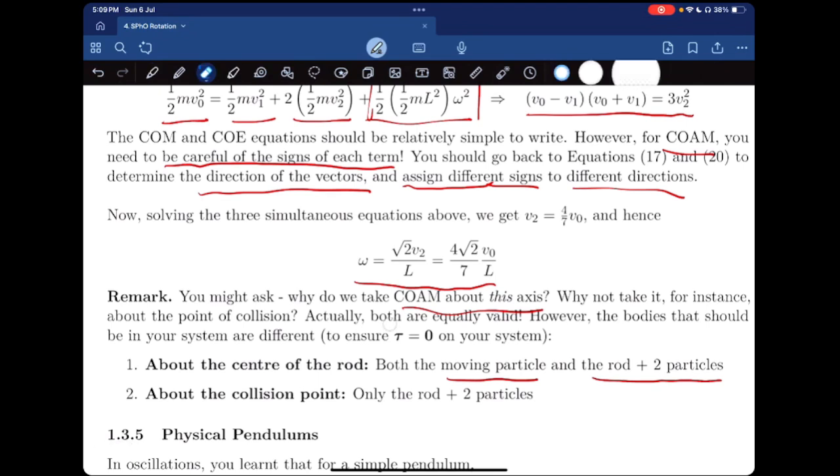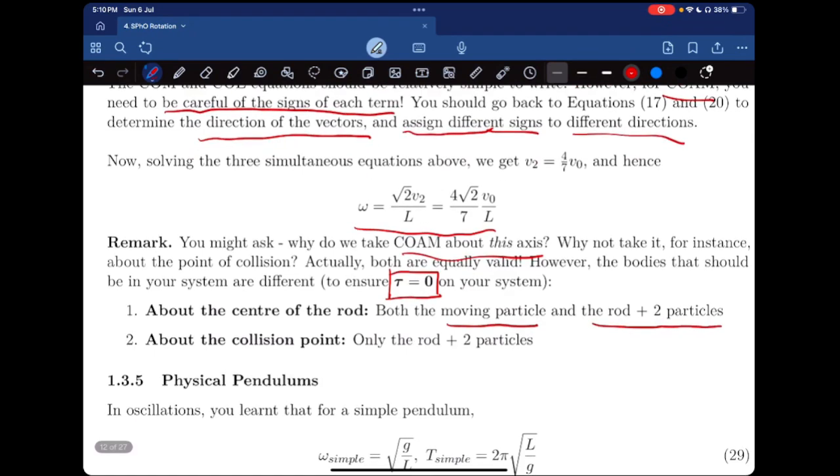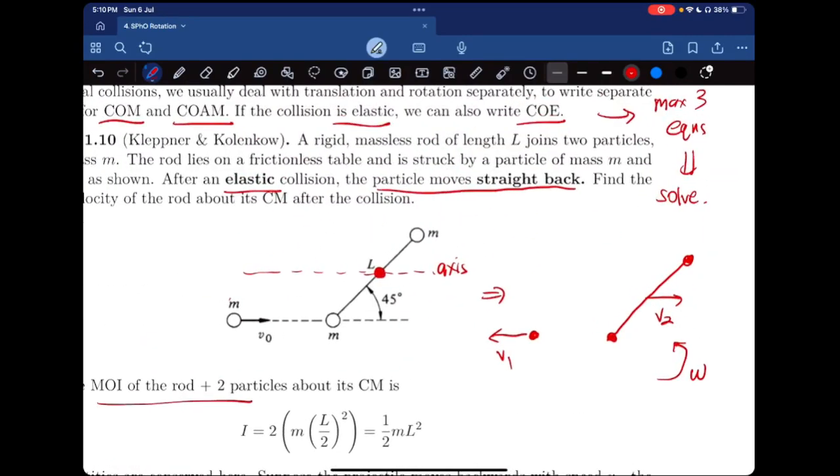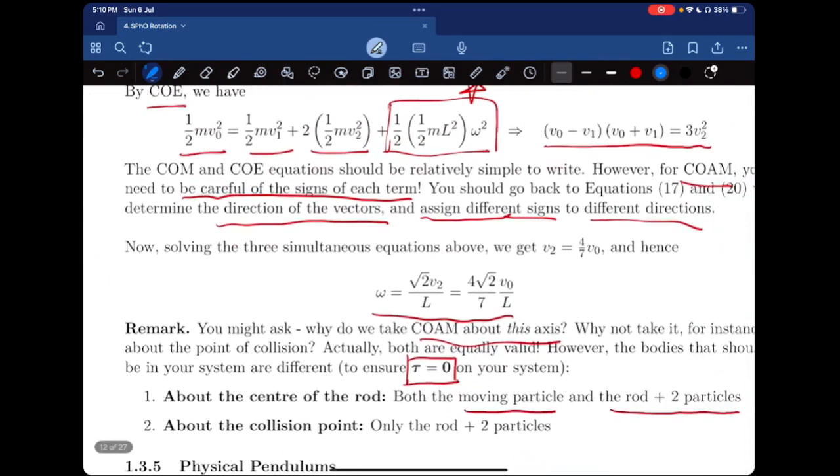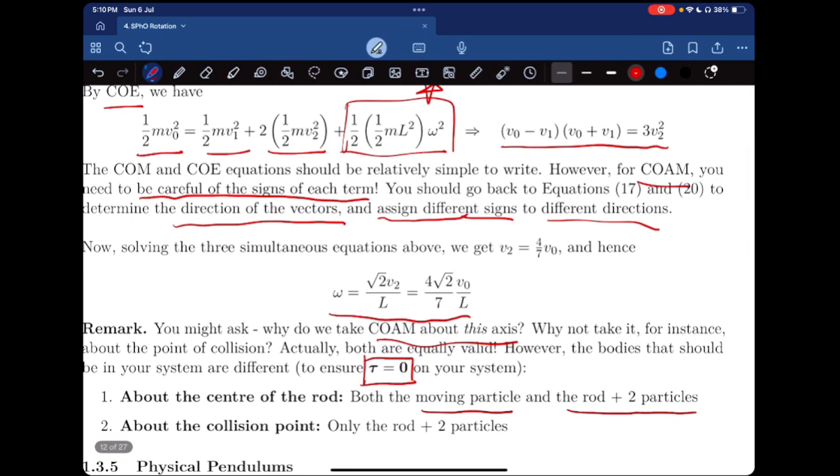Remember that if you want to apply COAM, the biggest condition that you must impose is net torque equals 0 on the system. So as long as you choose the system such that net torque equals 0, that is valid for COAM. So for example, if you had chosen the axis to be about the collision point, then we should instead write our system as only consisting of the rod and two particles.